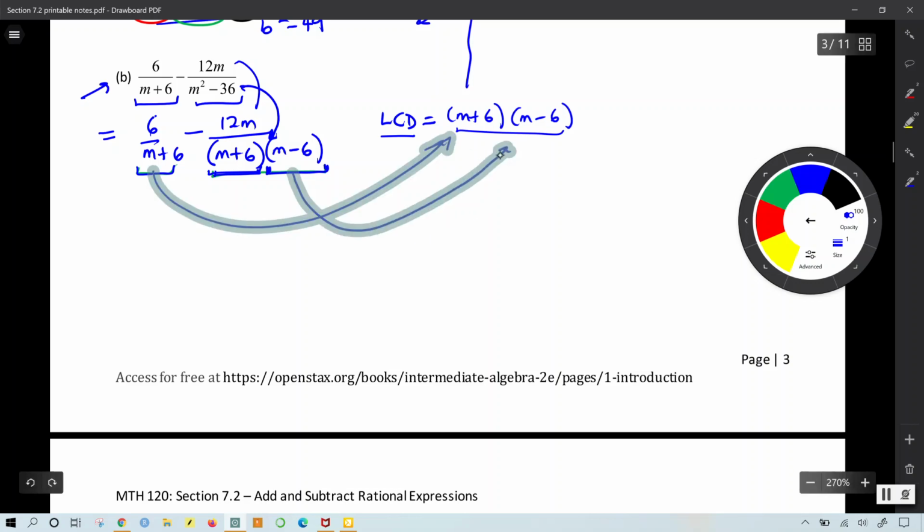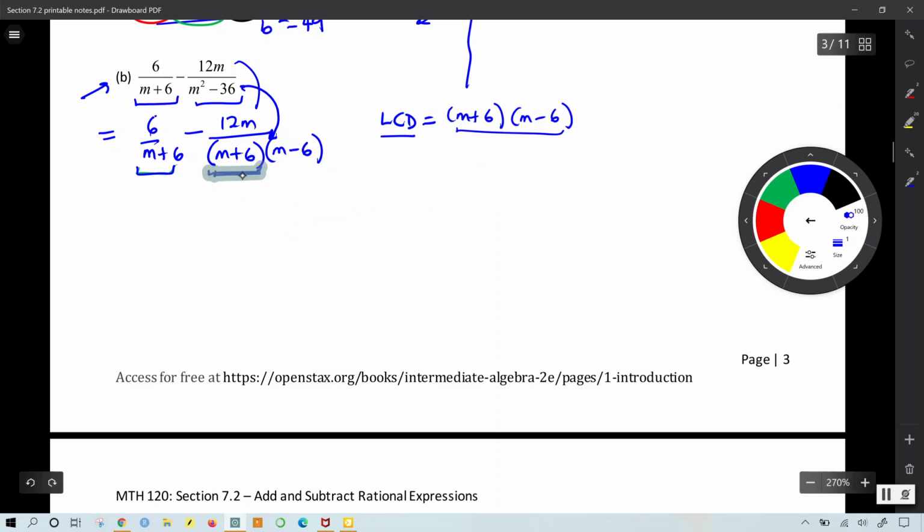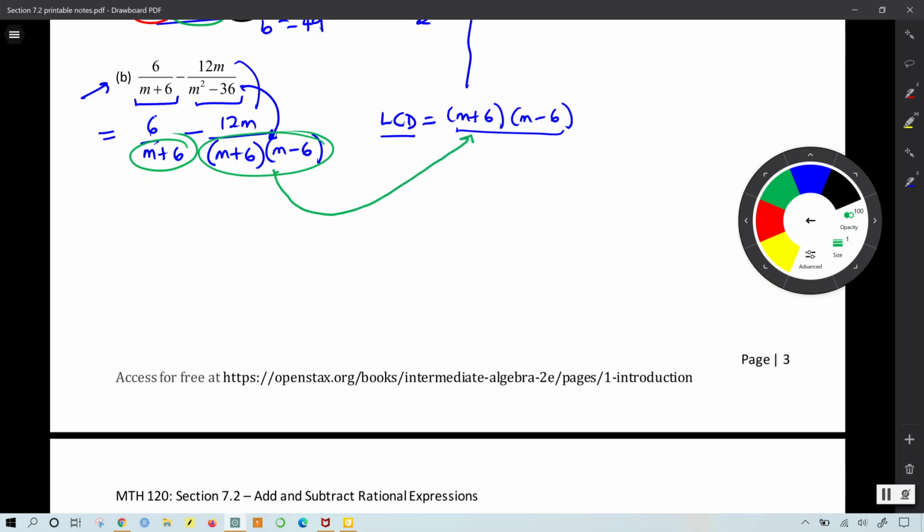Now that we have the LCD, it is very important that we make both denominators exactly the same. How do we do that? Check this out. m plus 6 times m minus 6 already matches the LCD. So this fraction is already in a good form.